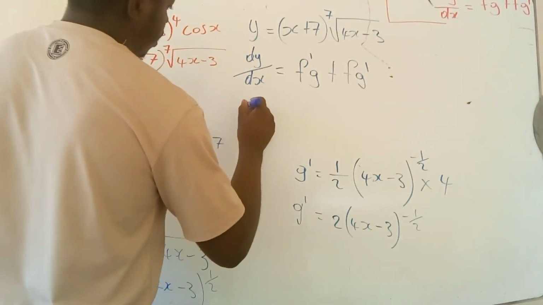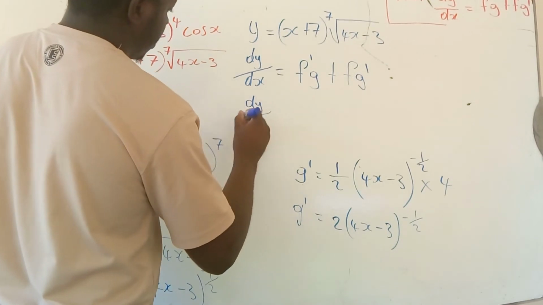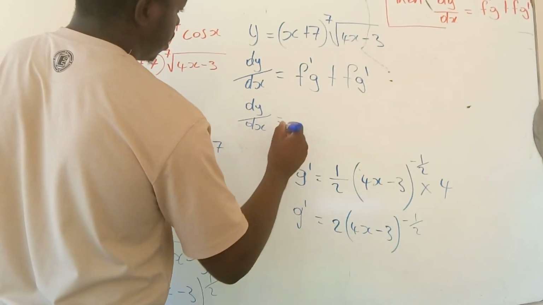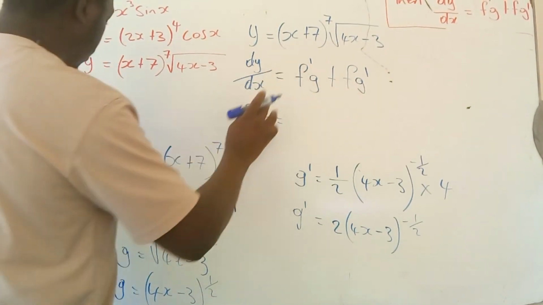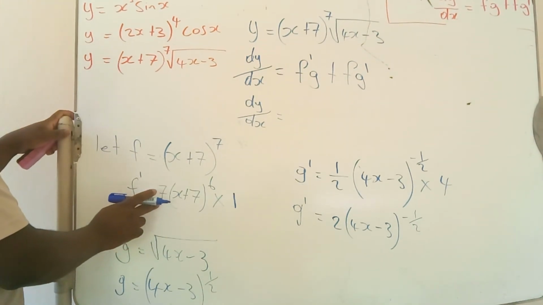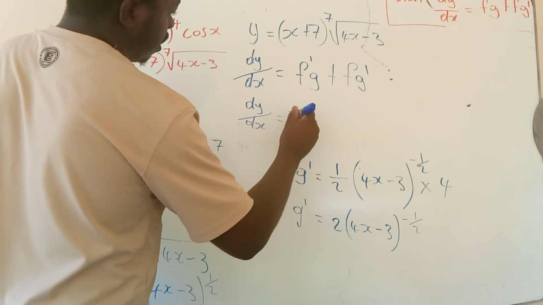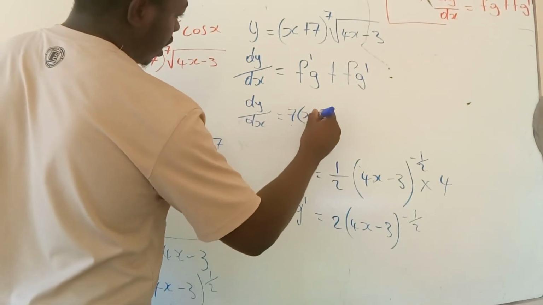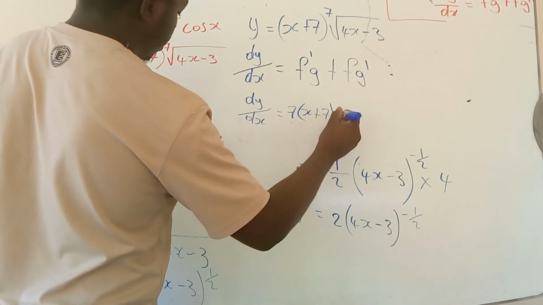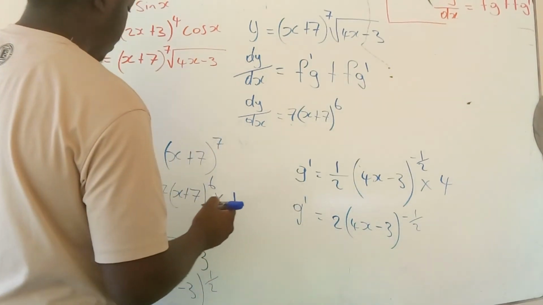So therefore, dy by dx is equal to the derivative of the f function. The derivative of the f function is 7(x + 7) raised to the 6th power. Right?